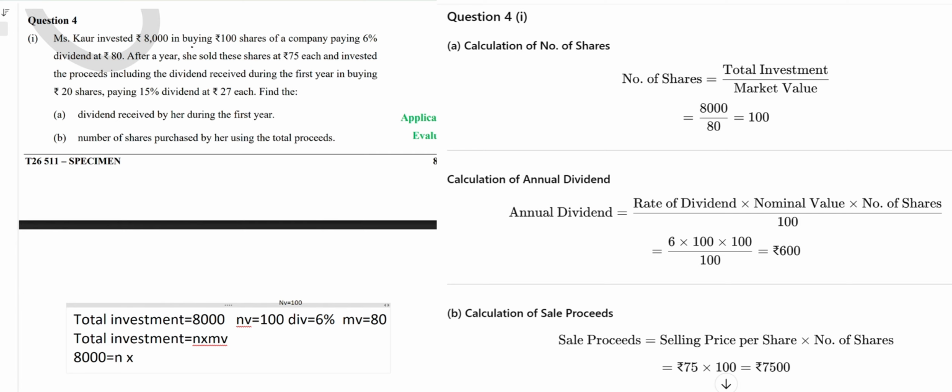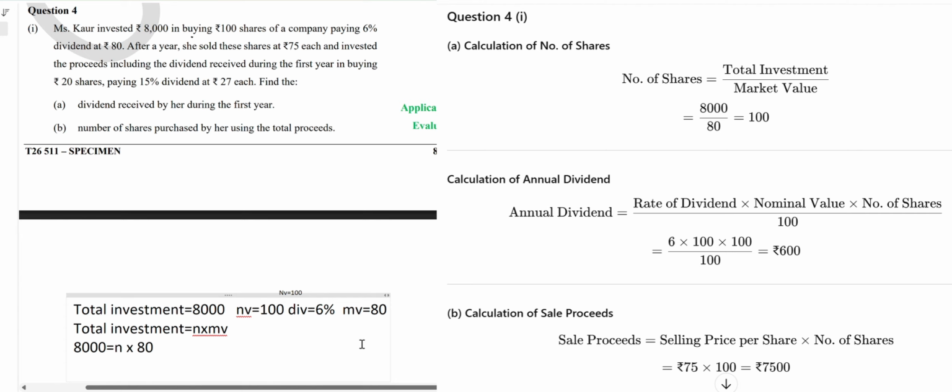MB is given as 80. So N equal to 8,000 divided by 80, that is equal to 100. So number of shares equal to 100.